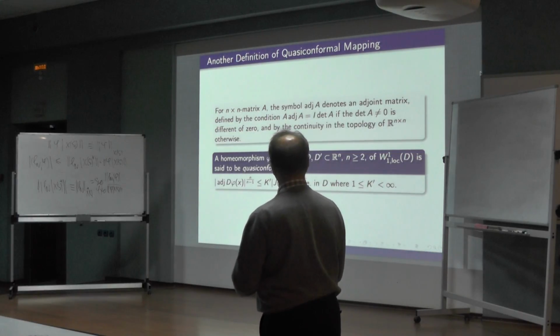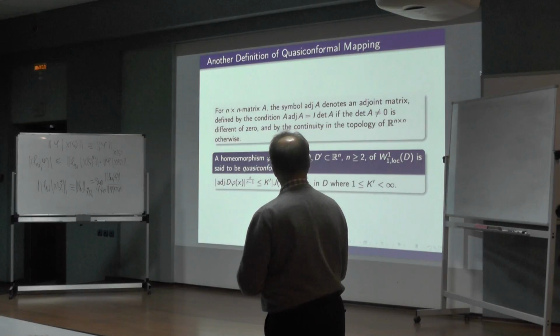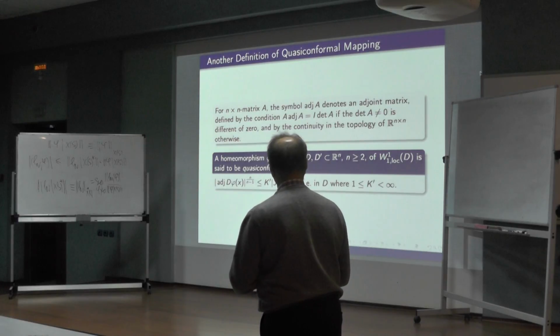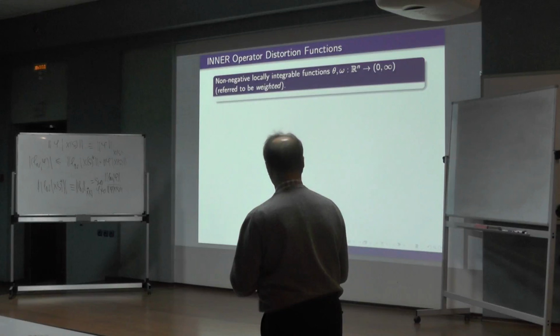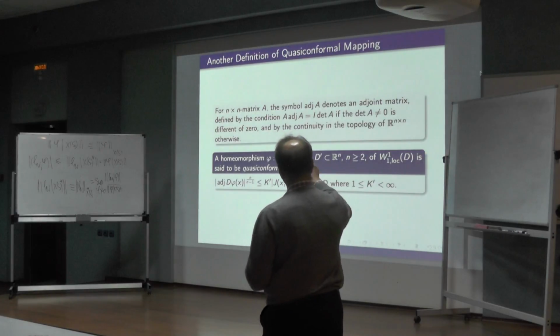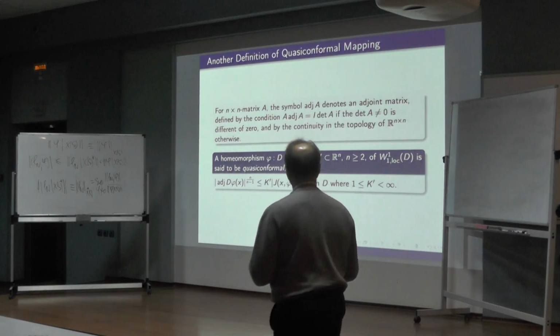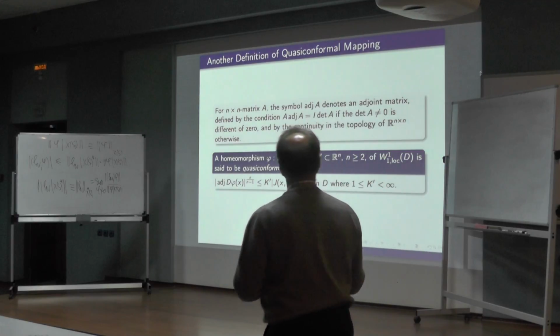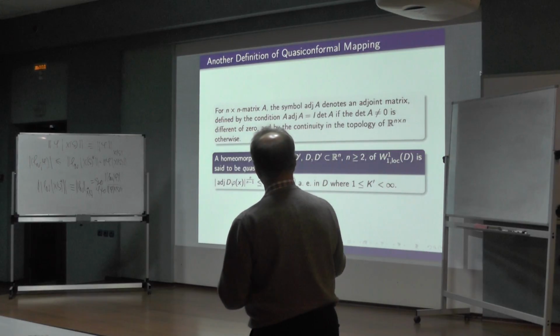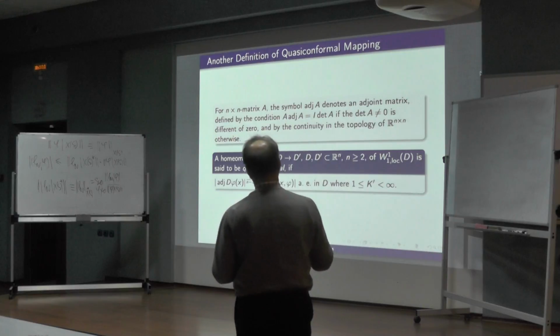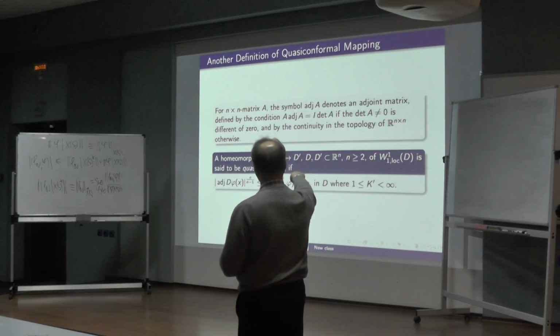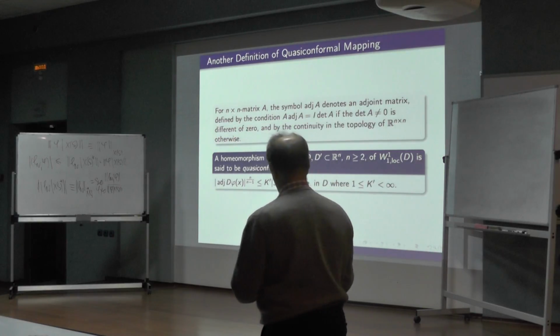In some sense, it's not the same property. But what is interesting is that in spite of this difference, these two definitions are equivalent. It means that if a mapping is quasi-conformal in the first sense, it will also be quasi-conformal in the second sense.